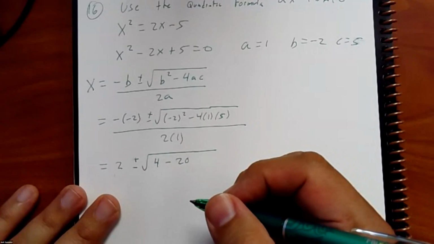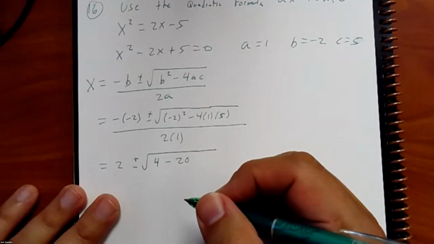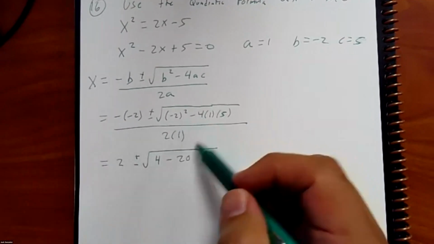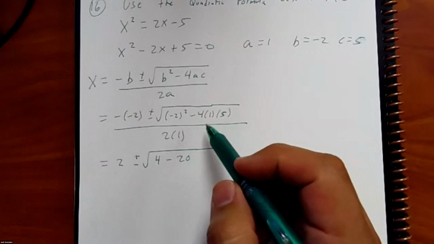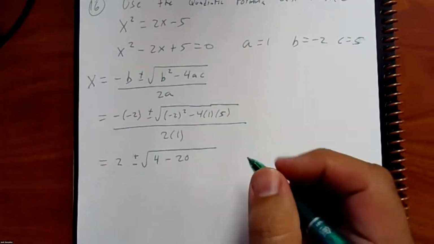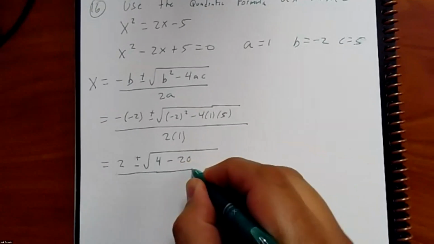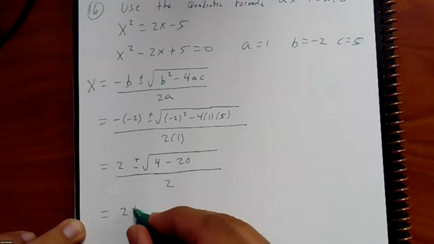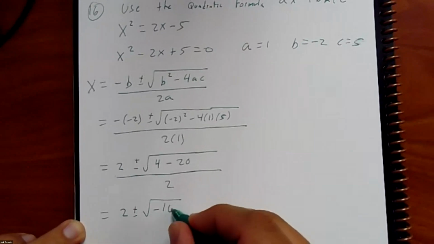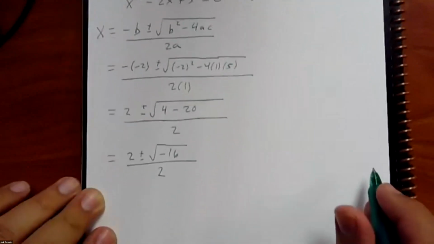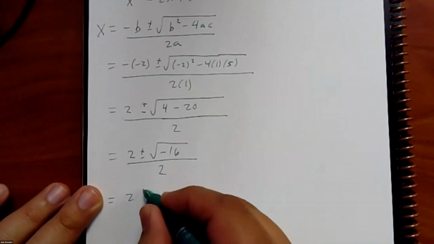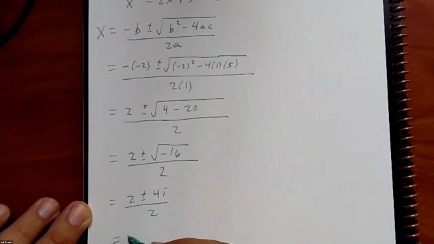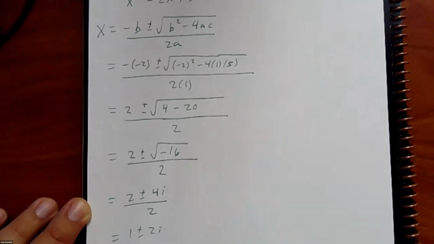Looks like we're gonna get a complex number, I think. Double check my work here. B squared is 4 minus 4ac, negative, negative. Yeah, okay. Oh, well. So that becomes 2 plus or minus square root of -16 over 2. This becomes 2 plus or minus 4i, which reduces to 1 plus or minus 2i.